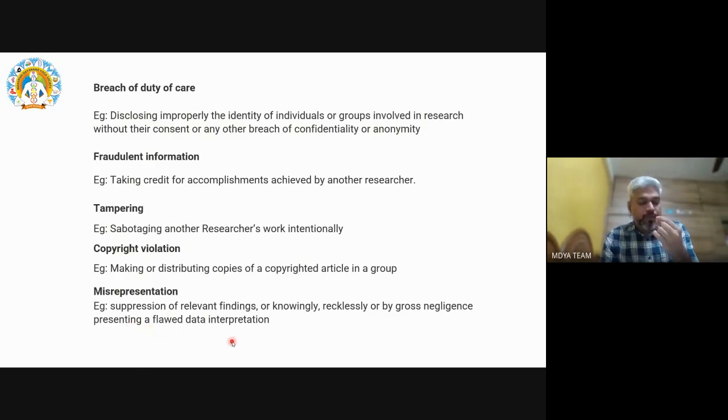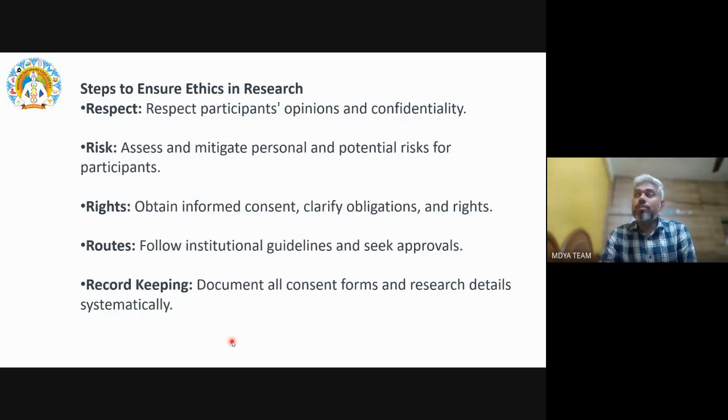If you arranged an event where you said Rajnikant will come on the stage, and in place of Rajnikant you are calling his duplicate, this kind of misrepresentation also exists in research, so you cannot do that. This comes under misrepresentation. So these are basically the don'ts which we should take care of.